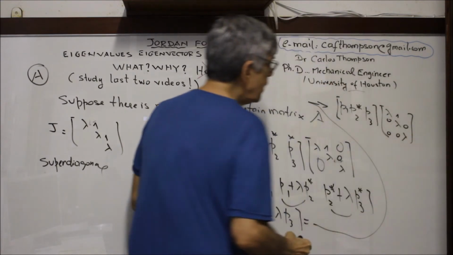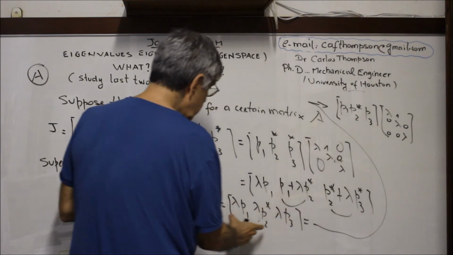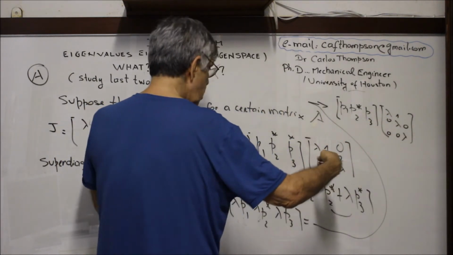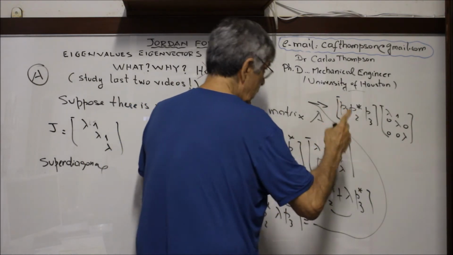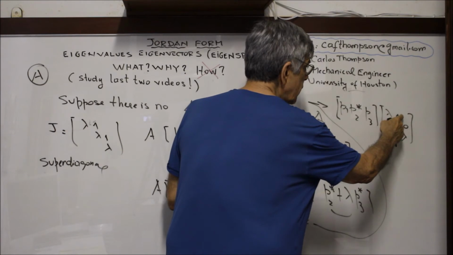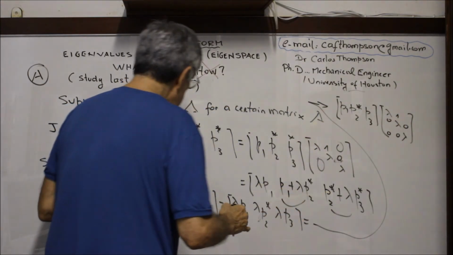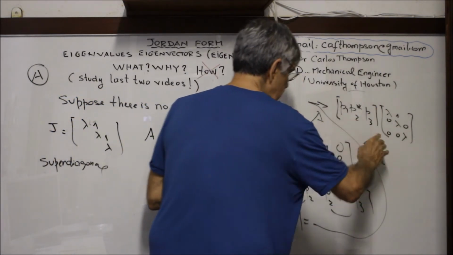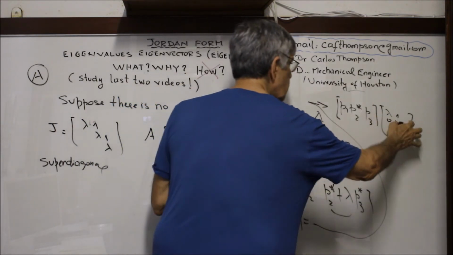You see, from here I come to here. If I put 1, 1, I come through here. If I put 1 here and 0 here, I'm sure that will be this case. And this one we did before is 1, 1.